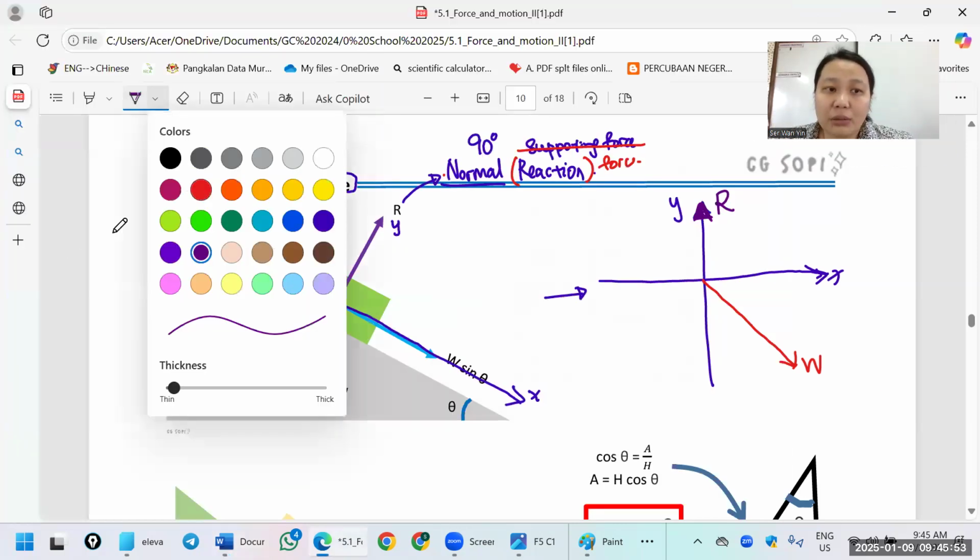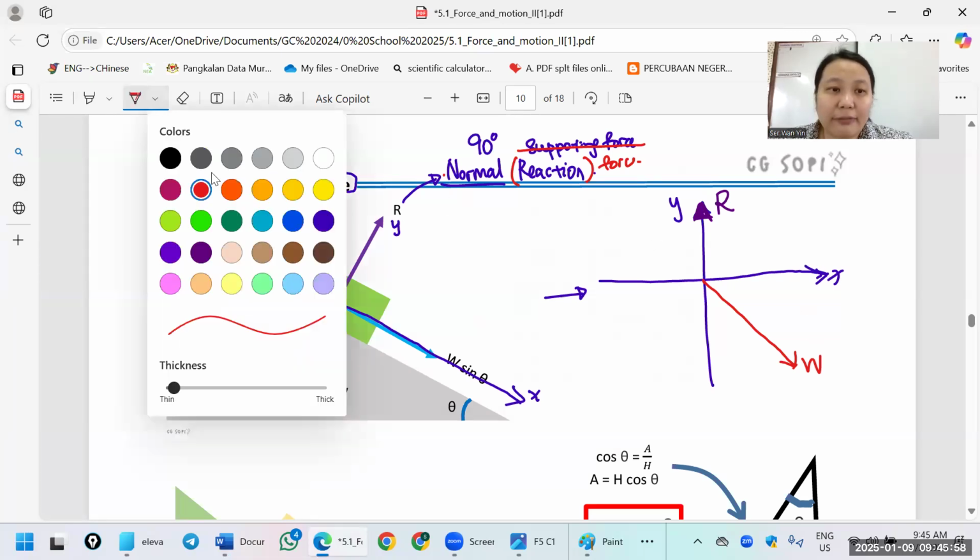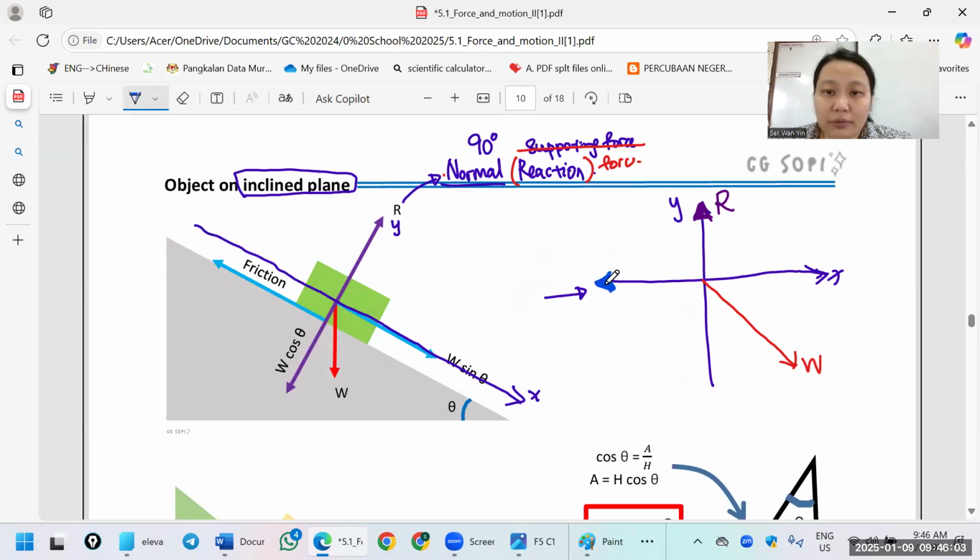Then next, what should we do? The frictional force is over here. Then this one, not vertical or horizontal. So what should we do to the W? When it's slanting, we should resolve the force.